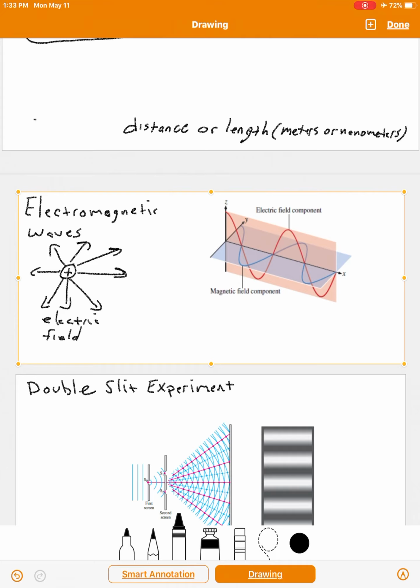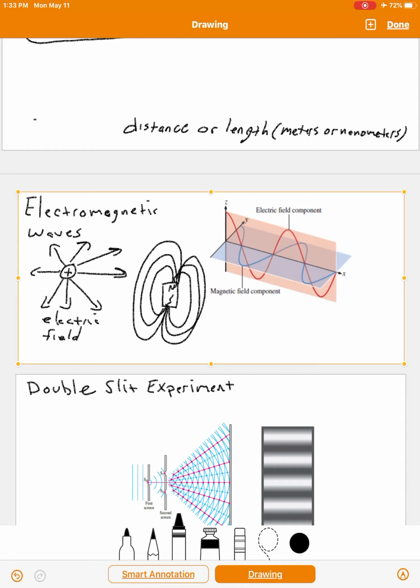But it also produces a magnetic field. So, you know, magnets also produce fields, but they produce magnetic fields. Okay?